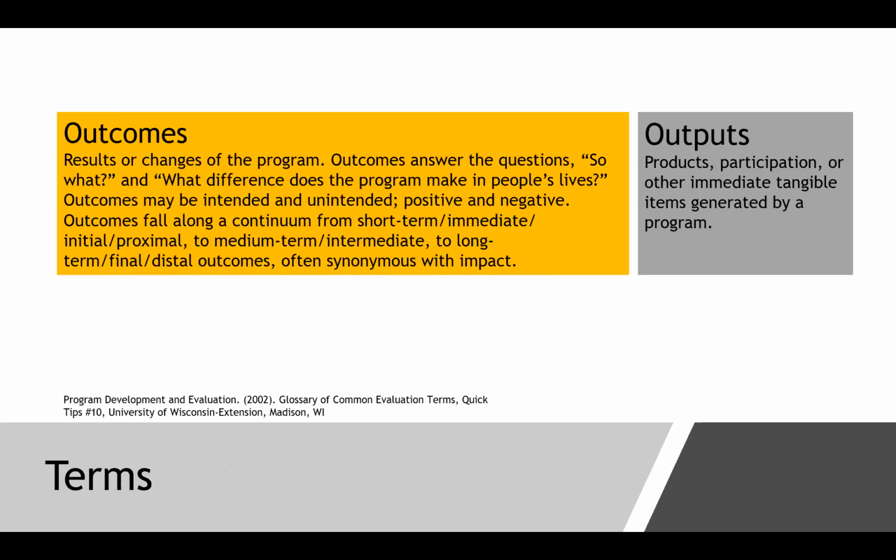This is just another definition or description of outcomes, this one coming from the University of Wisconsin Extension, from a more narrative perspective, asking the question, so what? What difference does the program make in people's lives? And highlighting that outcomes can be intended or unintended, positive or negative.